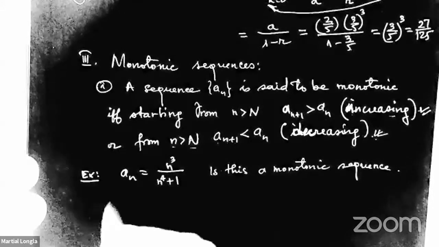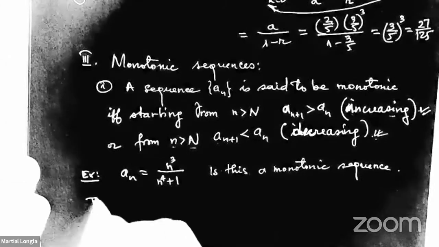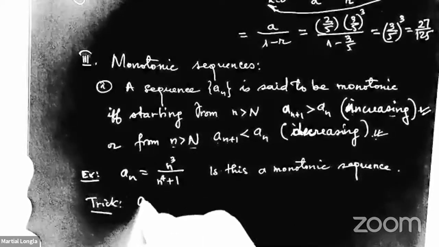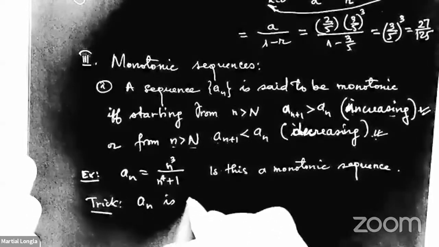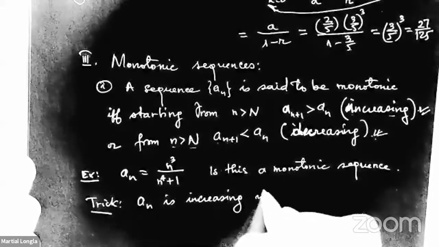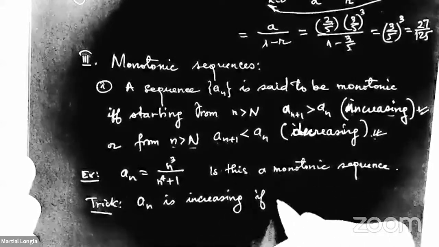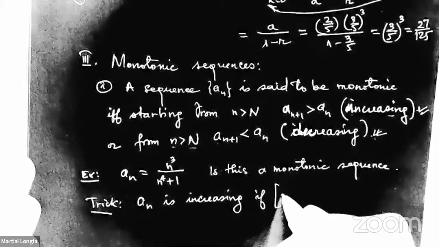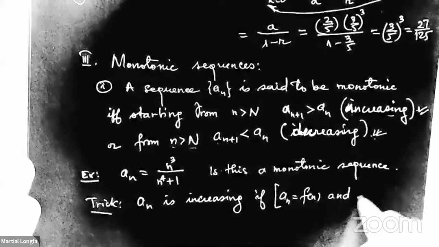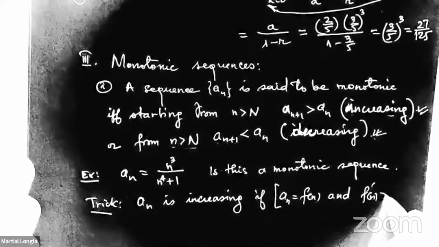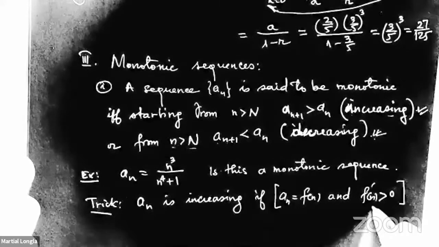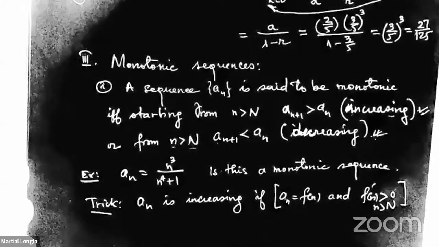Okay, so here we could say trick: a n is increasing if, let's say, you have a n equals f of n and f prime of n is positive for n larger than a capital N.